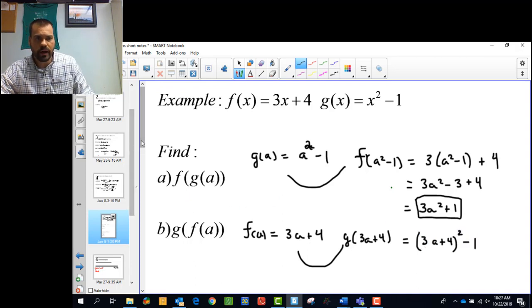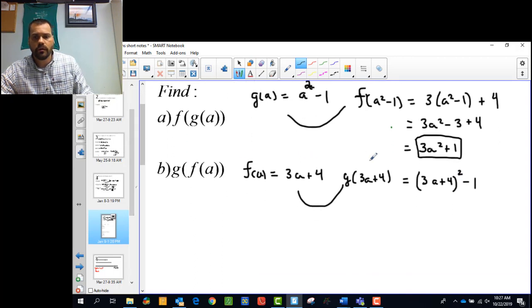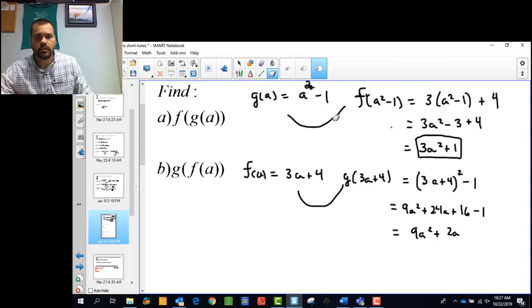And if we simplify that, it's going to become 9a squared plus 24a plus 16 minus 1. So it becomes 9a squared plus 24a and then plus 15.